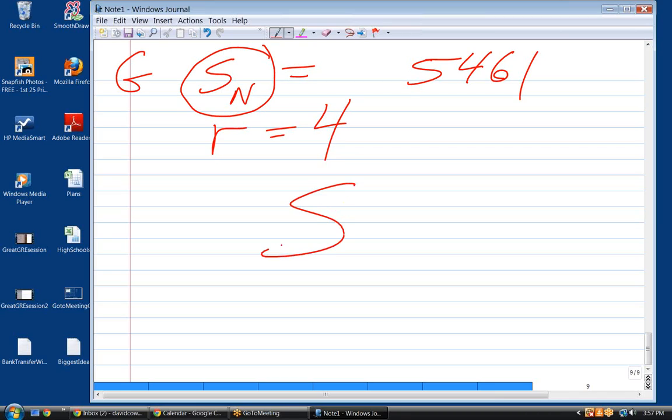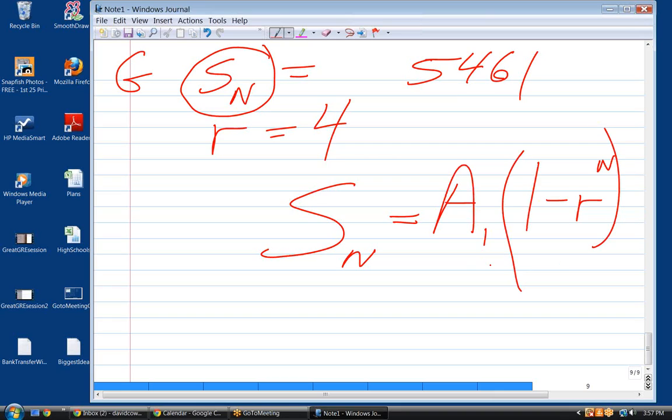Well, we have a formula for that. What's the formula for the sum of the first n terms? Now we know r.